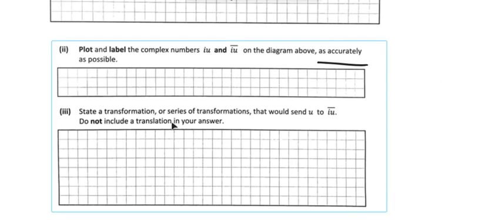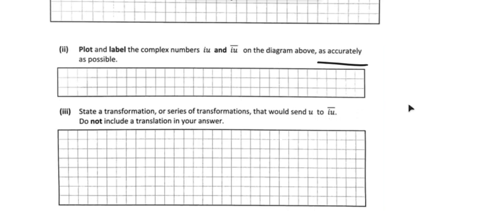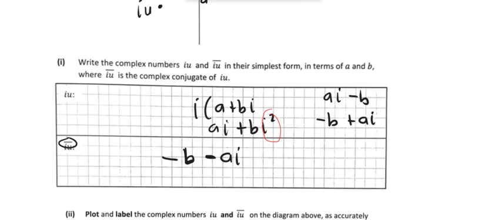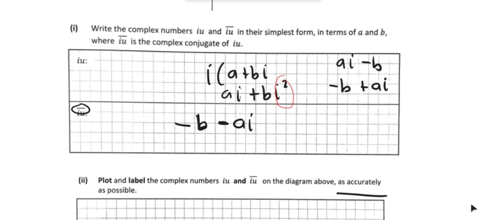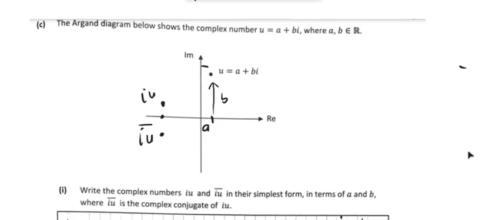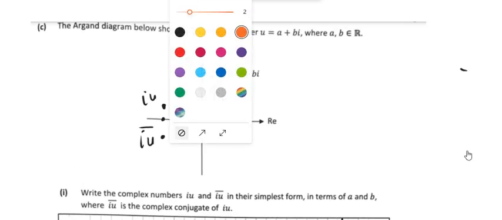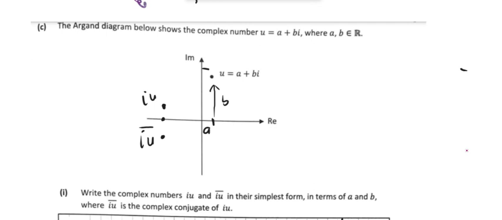State a transformation or series of transformations that would send u to iu. Do not include a translation in your answer. Well, you just have to think about what's actually happened.